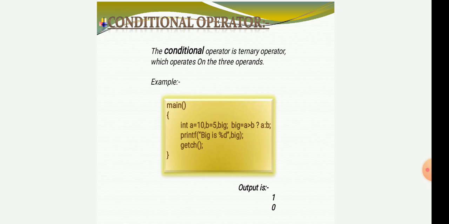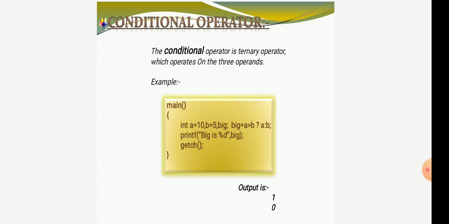So what happens in this condition? Dear students, first of all the value of a is compared with the value of b. If the condition is true, then it will print a. If it is false, it will print b. Here you can see in this case the value of a is 10 and the value of b is 5.